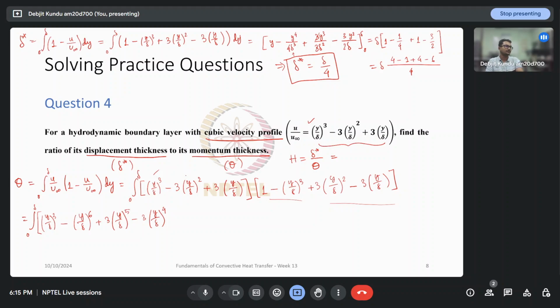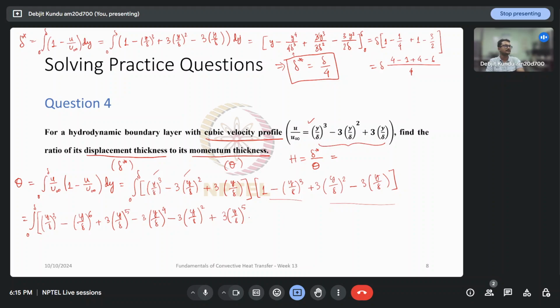Now next 4 we will multiply all those terms with minus 3 into y by delta squared. So the first term becomes minus 3 y by delta squared. Then the second term we will get plus 3 and y by delta powers 5. Right, 3 plus 2, 5. Yeah.